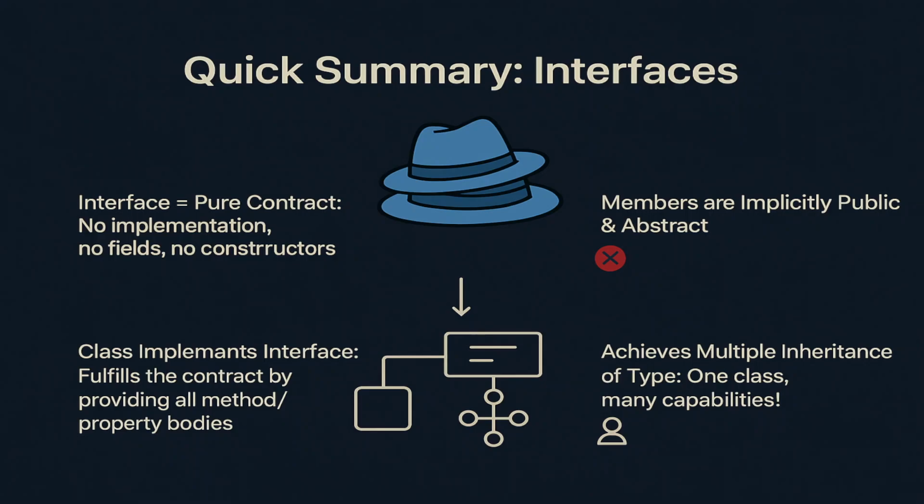If it doesn't override the behavior, the default implementation which you put in the interface is going to be used. Okay, so you have a contract, you have a default implementation, you cannot have constructors, you cannot have fields.